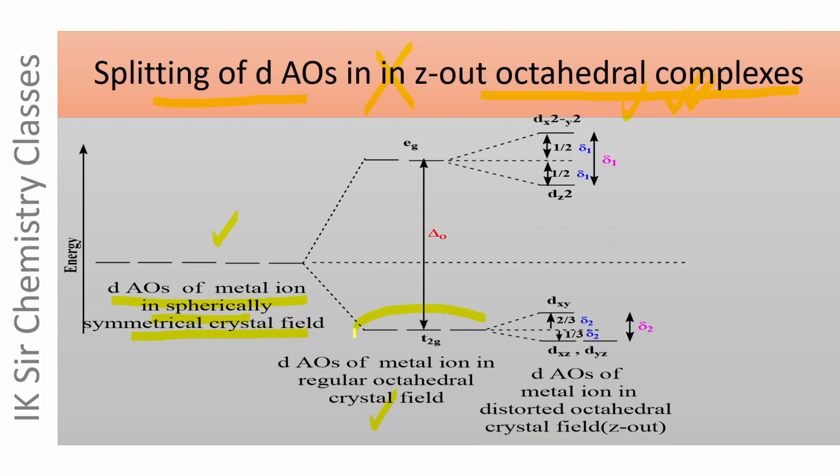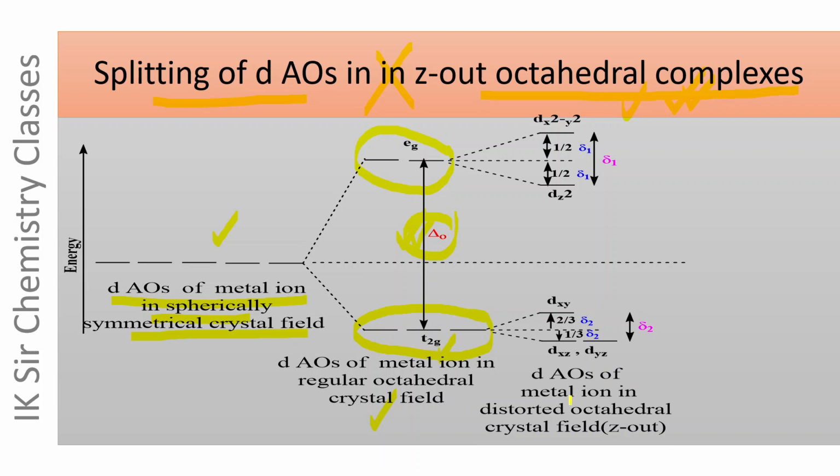The lower energy set containing dxy, dyz and dxz atomic orbitals is called T2g, while the higher energy set containing dz square and dx square minus y square orbitals is called the Eg set, and the energy difference between these two sets of orbitals is called delta O, that is crystal field splitting energy in octahedral crystal field.